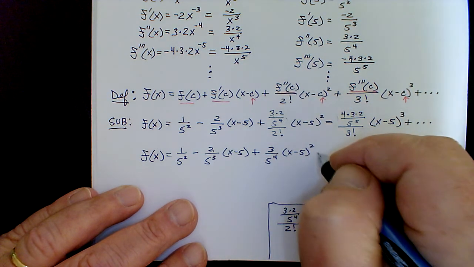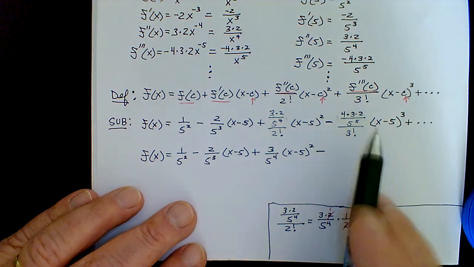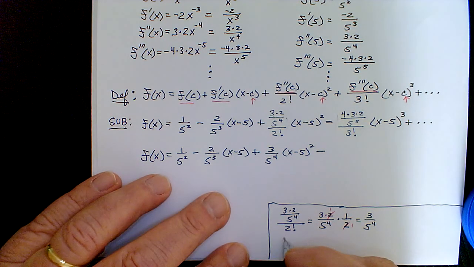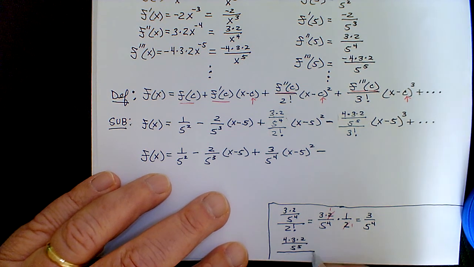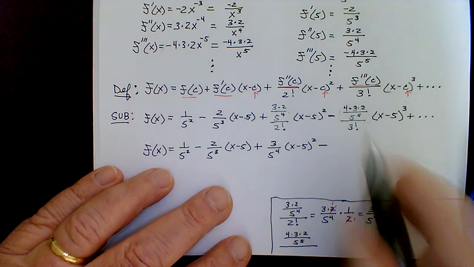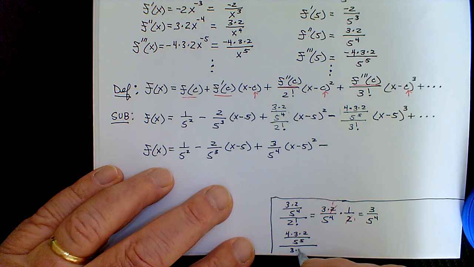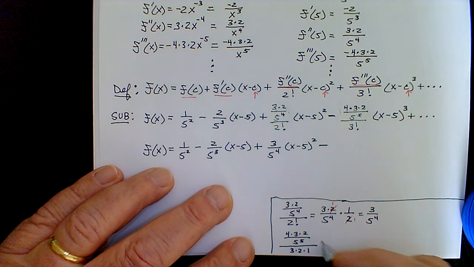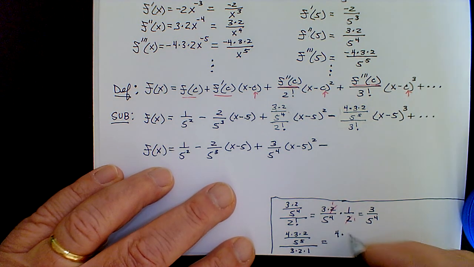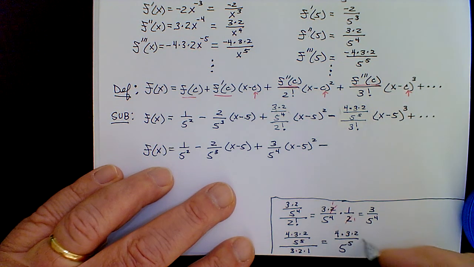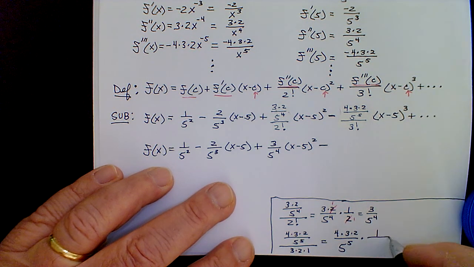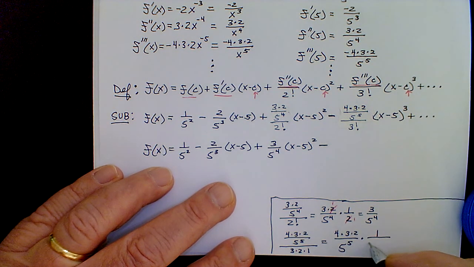being squared. And then similarly, with this term, if we rewrote 4 times 3 times 2 over 5 to the fifth, that's divided by 3 factorial, which is really 3 times 2 times 1. So that's going to be 4 times 3 times 2 over 5 to the fifth times the reciprocal of 3 times 2 times 1, or 1 over 3 times 2 times 1.